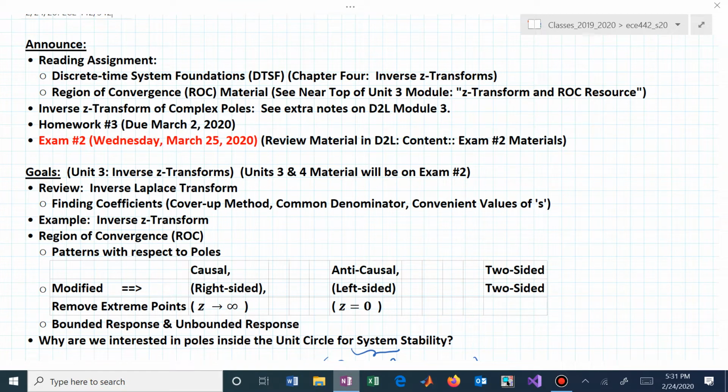Or if you have complex poles, that corresponds in the time domain to exponentially weighted sines and cosines. That you need to make sure you're clear on, and there's some extra notes in Unit 3 discussing different ways of doing that. You can play with complex numbers, or you can play with real coefficients. There's two different paths, and they are equivalent ways of obtaining inverse transforms when you have complex poles present.